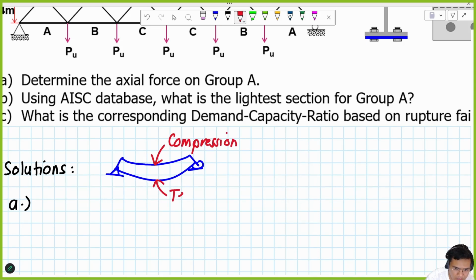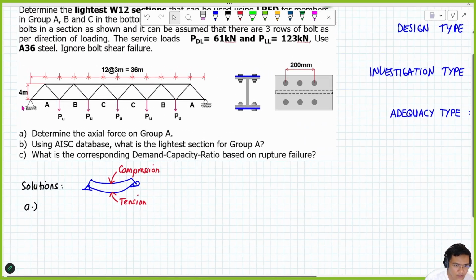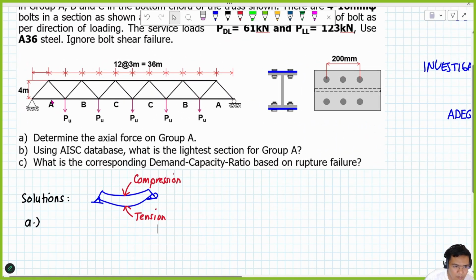So, if we would relate this same logic on trusses, we could actually conclude na on our trusses, yung mga bottom chord mo would be under tension. And yung mga upper chord member mo would be under compression. Now, itong mga webs, kailangan mo i-check kung tension or compression, so it varies.